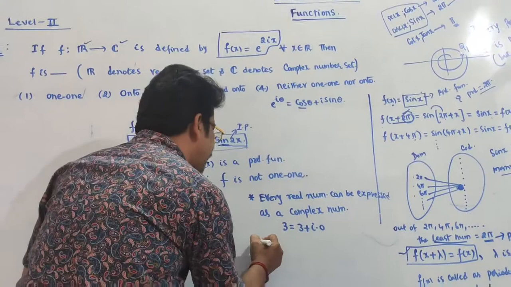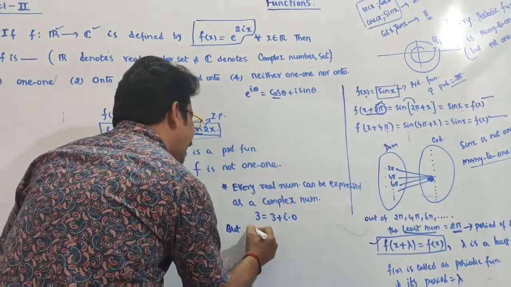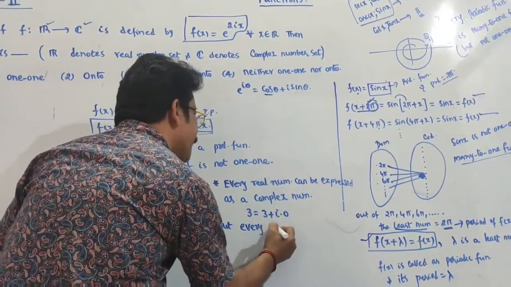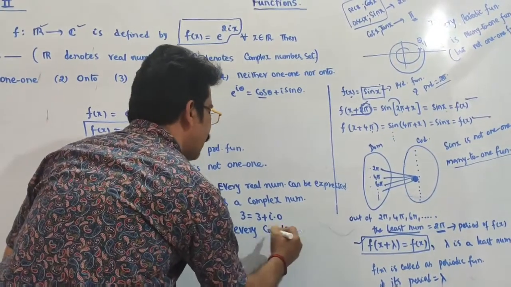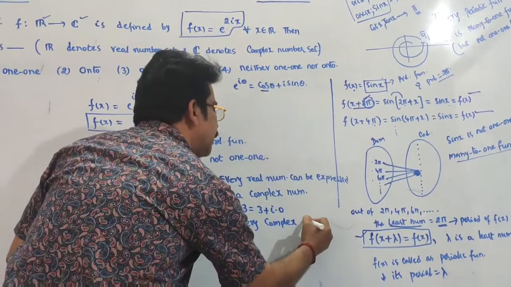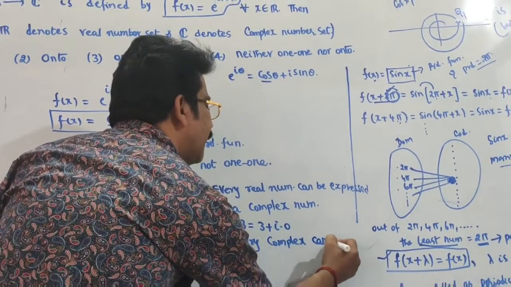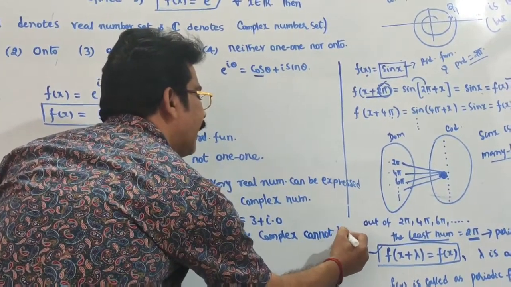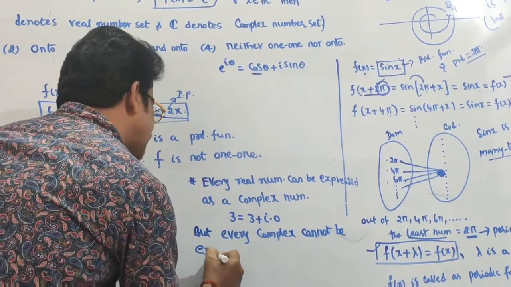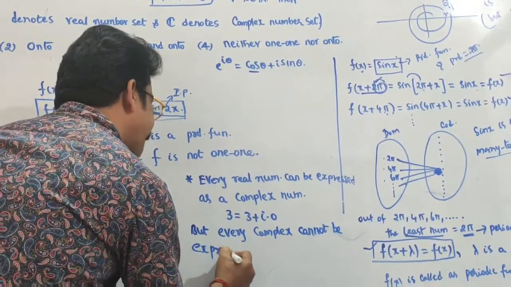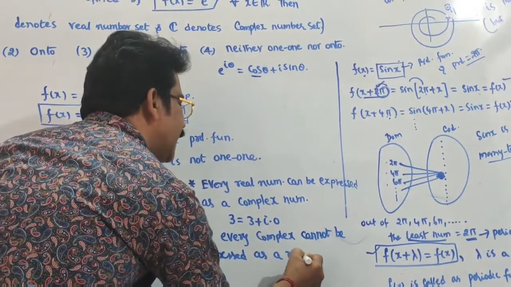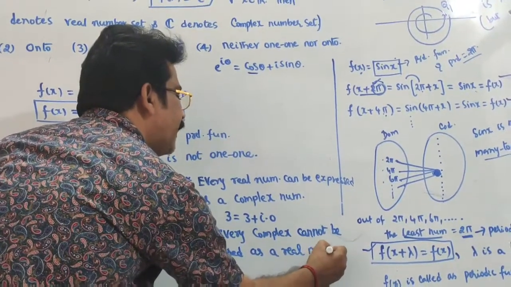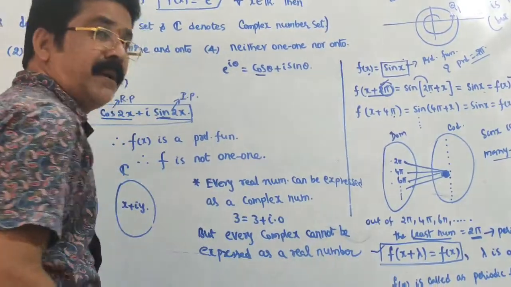But every complex number cannot be expressed as a real number.